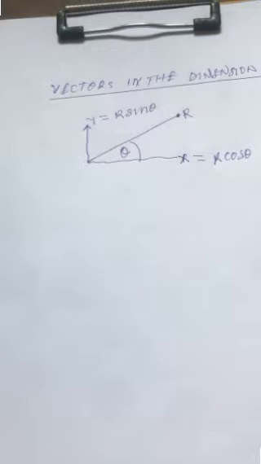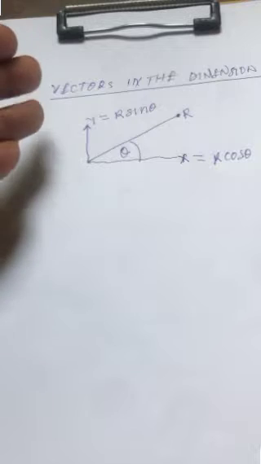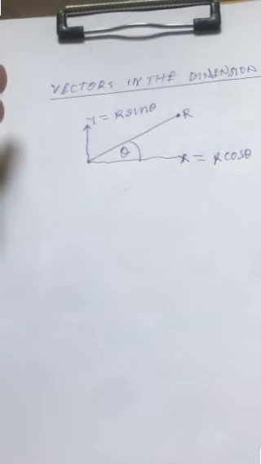Analytical method applies if you have more than 2 vectors. Now we are going to discuss vectors in 3 dimensions, and it's very rare for this type of vector to be solved using the analytical method. Hence, we have special methods that we are going to use in solving questions based on this type of vector.